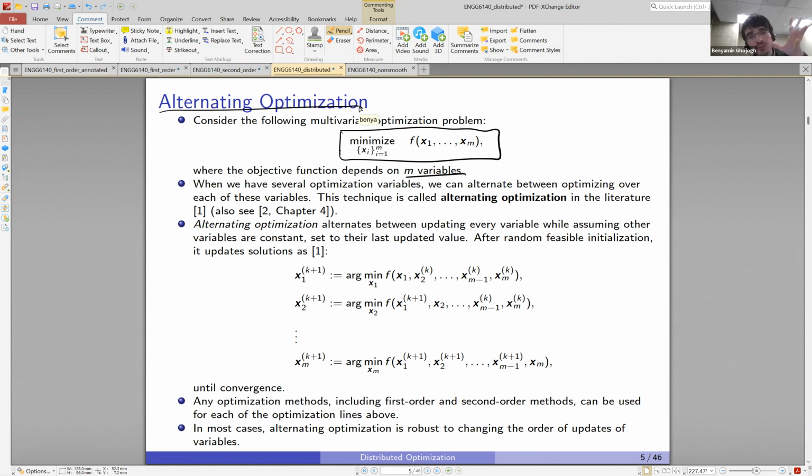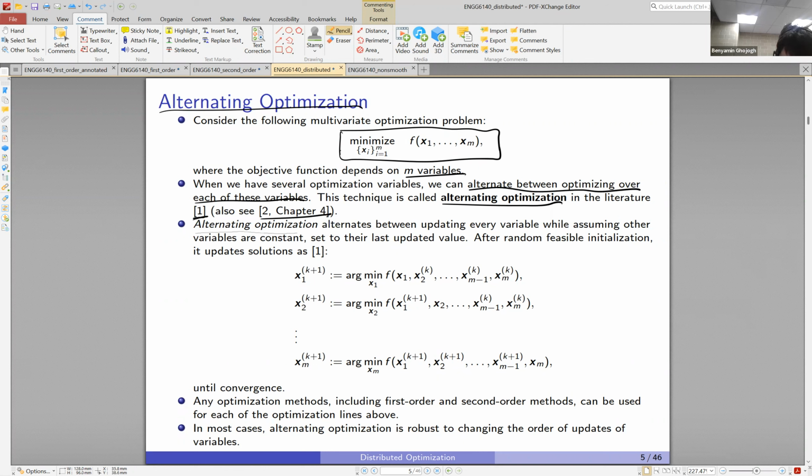This is one of the approaches; we have several algorithms for distributed optimization, it's a family of methods. One of them is alternating optimization, introduced in this slide. When we have several optimization variables, we can alternate between optimizing over each of these variables. This technique is called alternating optimization. You can see paper 1 or chapter 4 in book 2.